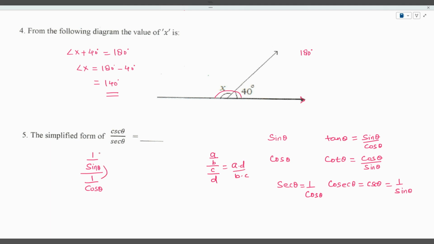So this fraction can be written as cos theta into 1 becomes cos theta, sin theta into 1 becomes sin theta, and cos theta over sin theta becomes cot theta. So the simplified form will be cot theta.